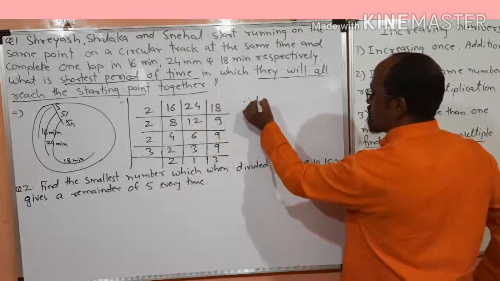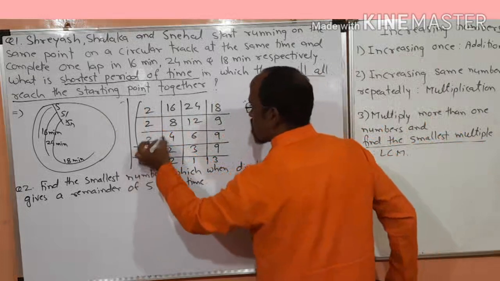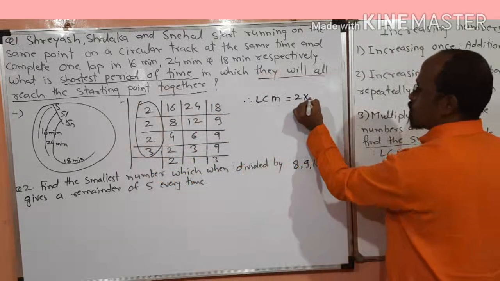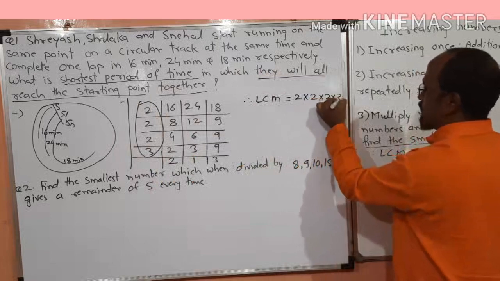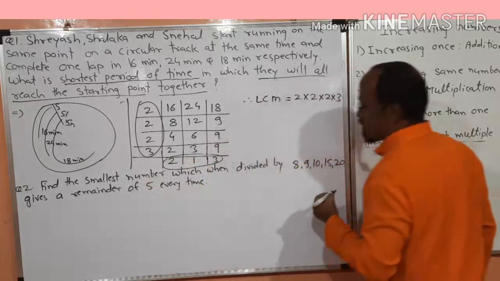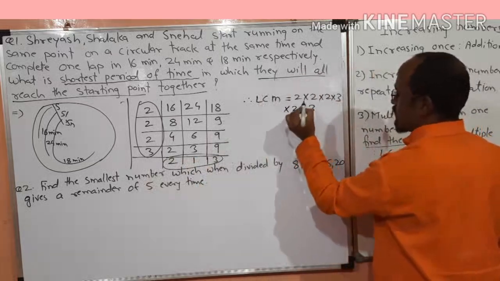Therefore, now the LCM is equal to the multiplication of numbers in the first column, that is 2 into 2 into 2 into 3, multiplied by the numbers in the last row, that is 2 into 3 into 1.